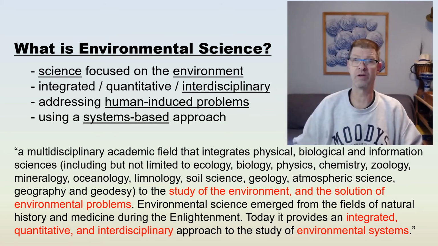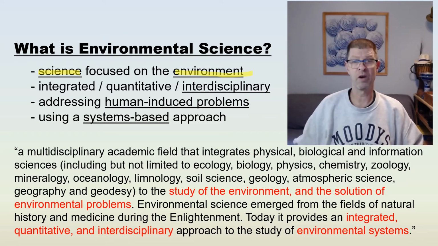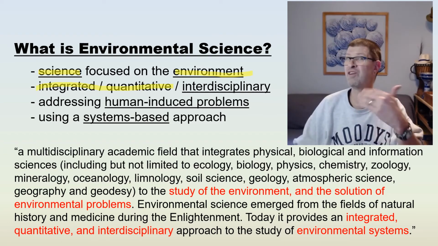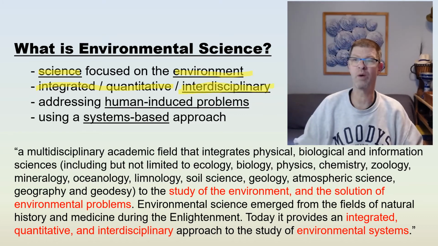What is environmental science? Shouldn't be too surprising that it is a science which is focused on the environment, and I've underlined some words here that I think are pretty important. Environmental science is integrated, quantitative, which means it involves numbers and data and math, and interdisciplinary. I used that word before.